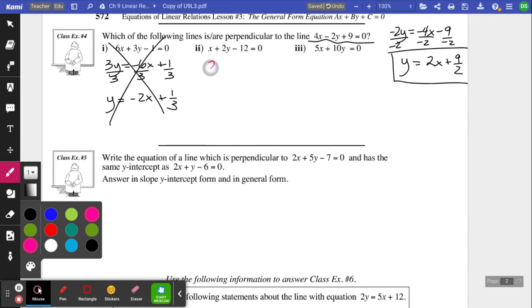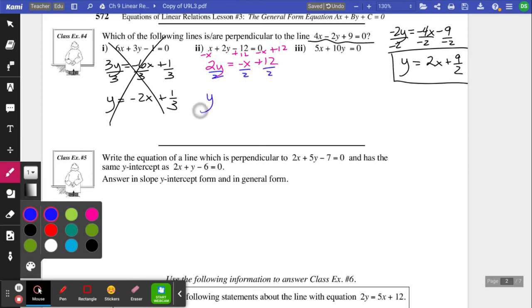Next, let's try this one. Keep your 2y, move your x and your 12. Subtract your x from both sides. And then add your 12. I'm not done yet. Then I have to divide by 2.